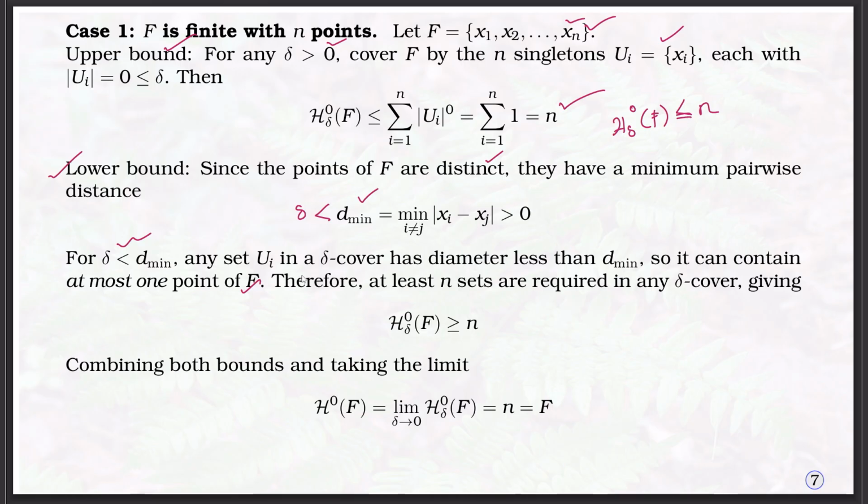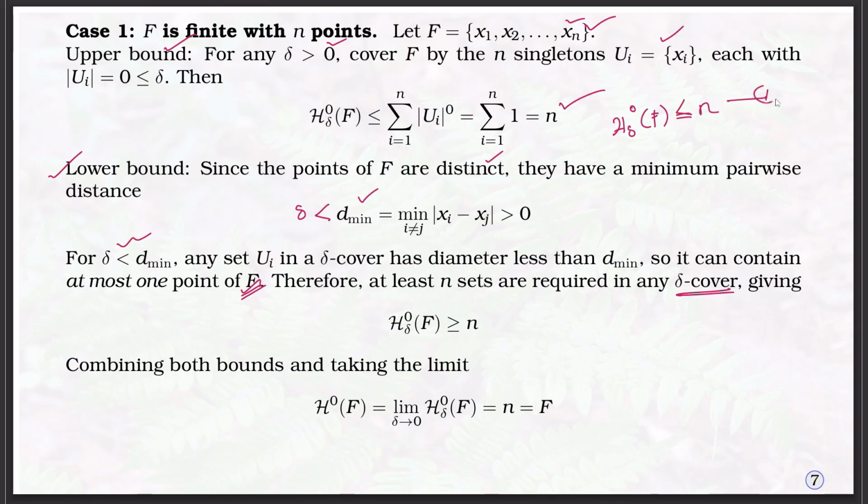Therefore, at least n sets are required in any delta cover. If you choose delta less than D minimum, we need at least n sets to cover F. This gives H delta 0 of F greater than or equal to n.